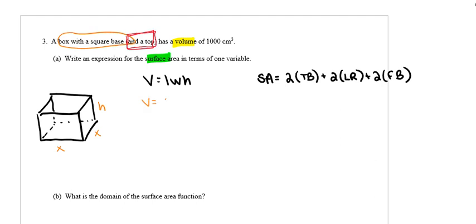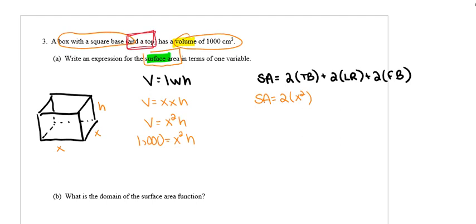Doesn't matter which formula you do first. So my volume is x squared h. They want us to now do surface area in terms of one variable. I'm going to go ahead and plug in 1,000 for the volume, which I probably should have done a little bit earlier, but doesn't matter as long as it gets done. My surface area here, the top and bottoms are each x squared.